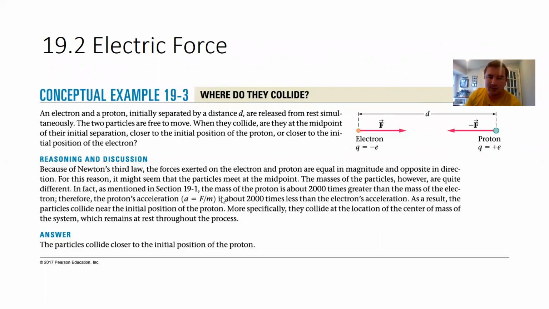Therefore, the proton's acceleration is 2,000 times less than the electron's. As a result, the particles collide near the position of the proton. More specifically, they collide at the location of the center of mass, which is closer to the proton. So the answer here is the particles collide closer to the initial position of the proton.